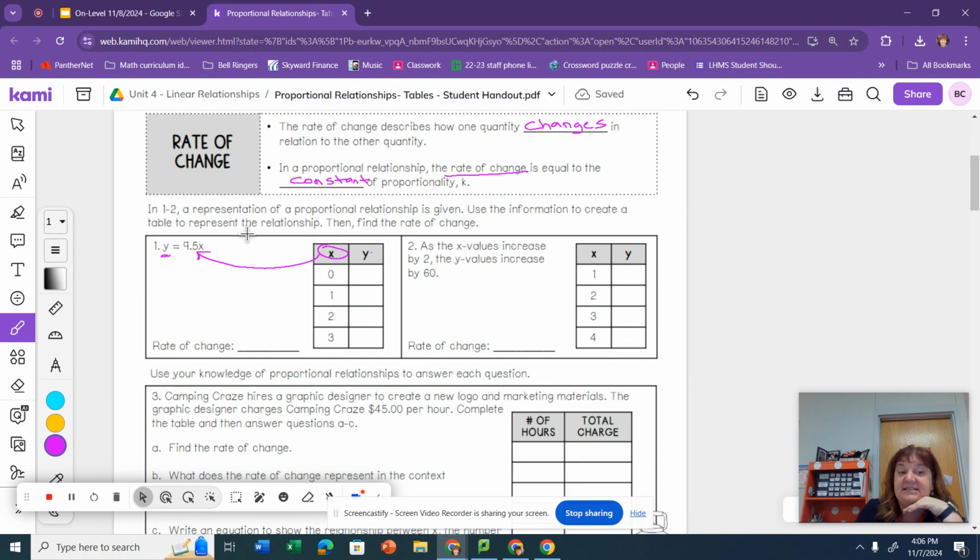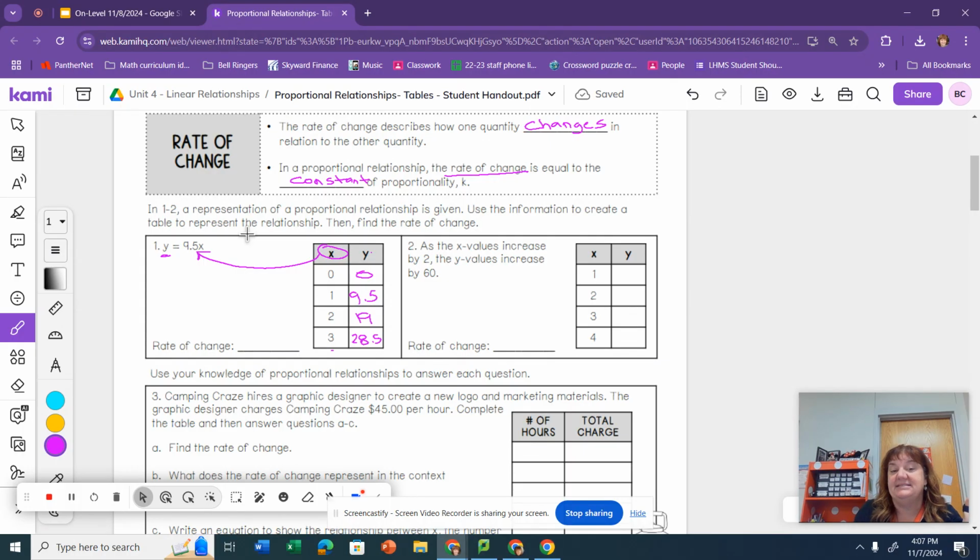Okay, so 0, what is 0 times 9.5? 0. 0 times anything is 0. What is 1 times 9.5? 9.5. What is 2 times 9.5? 19. What is 3 times 9.5? 28.5.